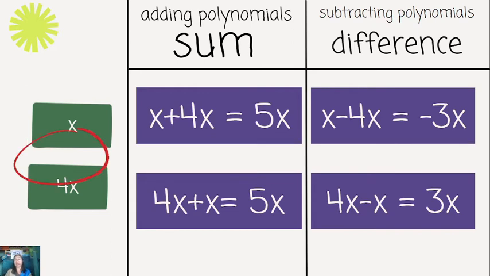But subtracting, we have x minus 4x becomes negative 3x. So when you subtract, you get the opposite or the reverse sign of the one being subtracted from another number.